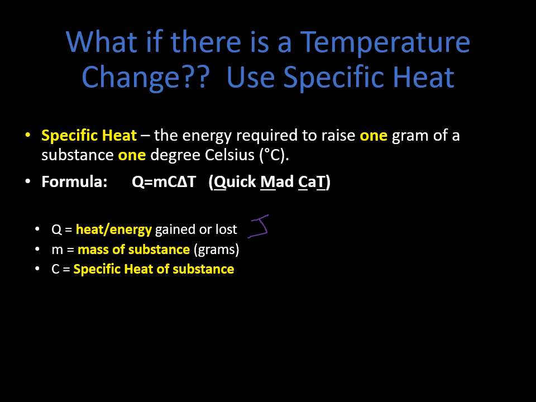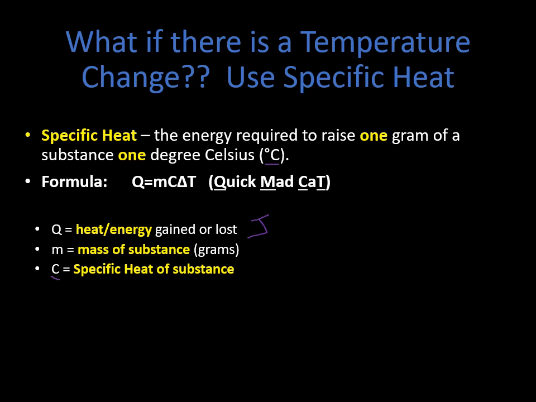C is the specific heat of a substance. That, again, is unique to the substance. Something like water has a big number. Something like copper has a small number. Do be careful because it's C, and then we also have temperature being degrees Celsius. It's a really similar abbreviation.